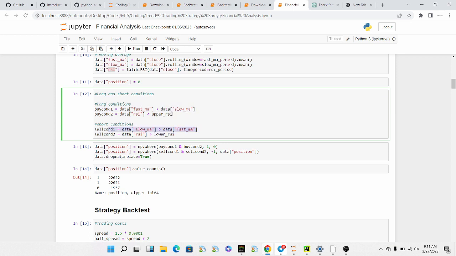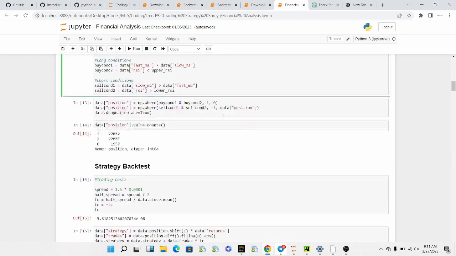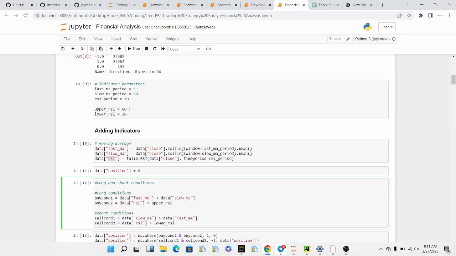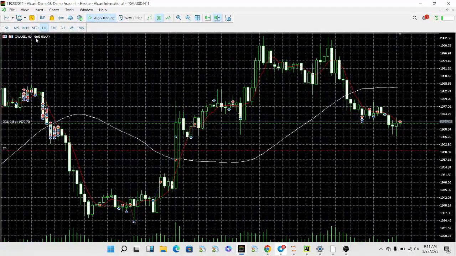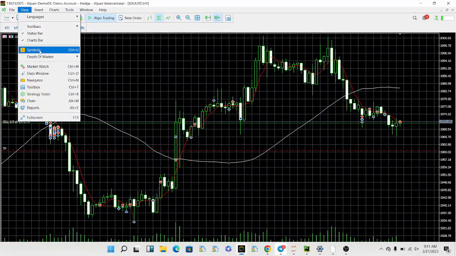And for the second buy condition, we want to make sure that the RSI is lower than the upper RSI, which is currently set at 80. Let me add the RSI here so we can get a visual of how this strategy should work.